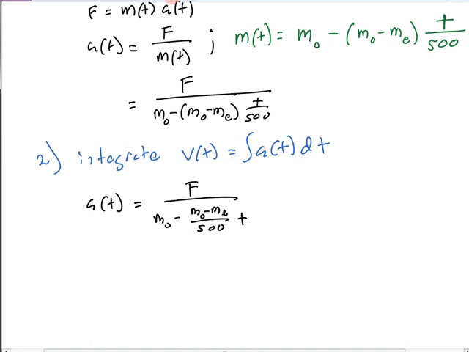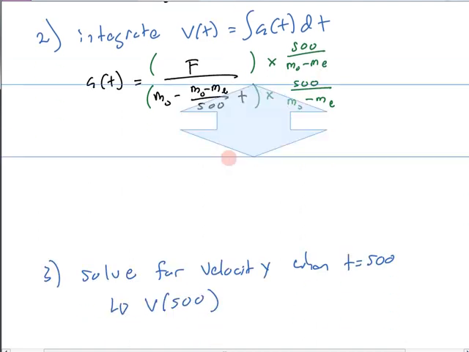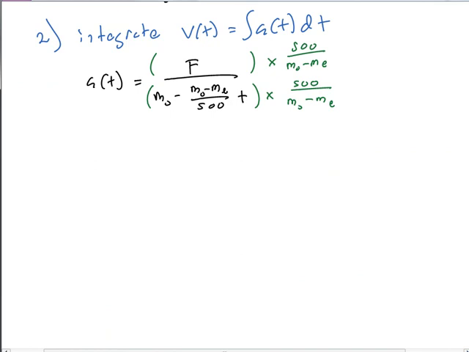And here's how I'm going to do it. I'm going to multiply the denominator by 500 over m naught take me. Now that unbalances the equation, so to maintain the balance, I also have to multiply the numerator by the same thing, 500 over m naught take me. So when I distribute these terms in, it has to go into F and each of these two terms.